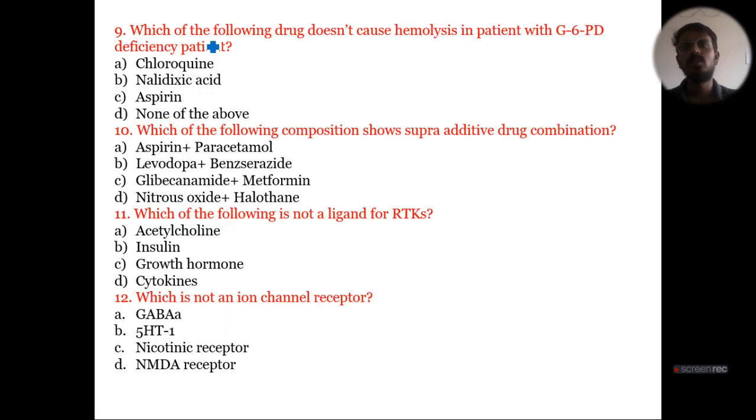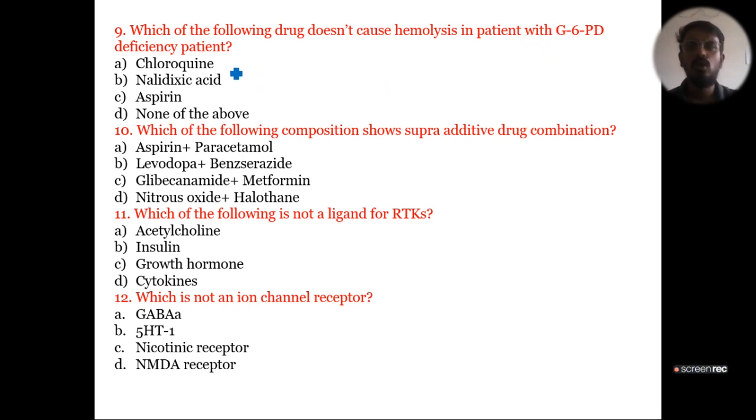Next question is, which of the following drugs does not cause hemolysis in a patient with G6PD deficiency? As I told you, G6PD, glucose 6 phosphate dehydrogenase, is an enzyme associated with the pentose phosphate pathway. This G6PD enzyme basically regulates the metabolism of NADPH.